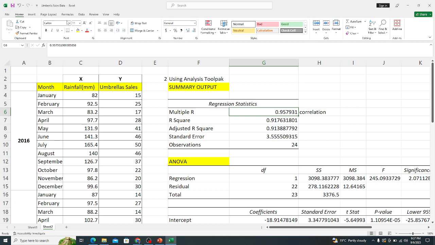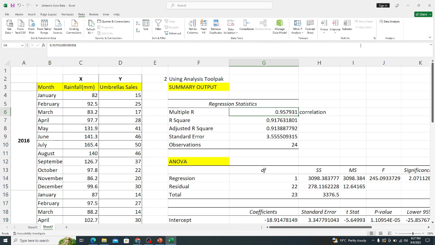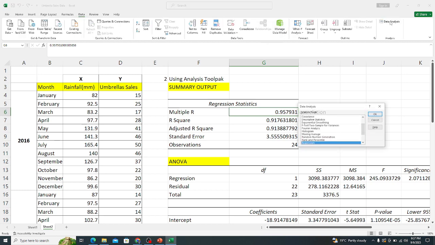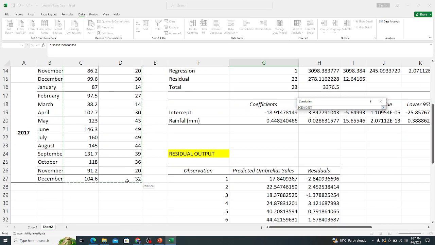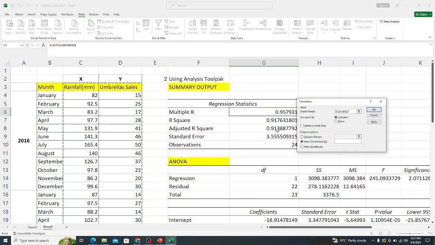As a bonus, you can go to Data Analysis, then select Correlation. You need this data, so select all those data points.